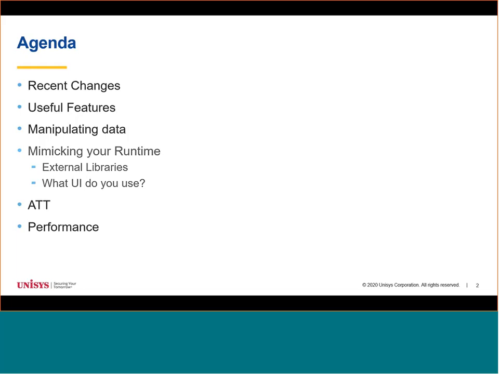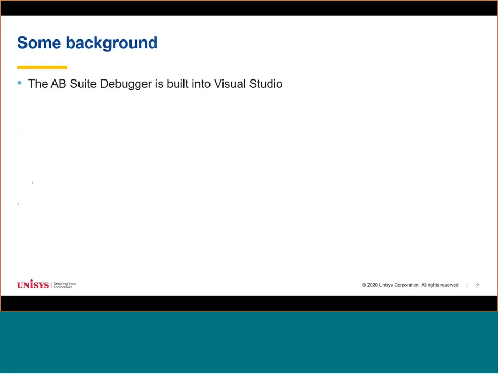Before we start all of that, let's do a little bit of background about what Debugger is inside AB Suite. As I've said in the first bullet point, it's built into Visual Studio. Unlike using Debugger with EAE, where it was a separate toolset, it's built into the Visual Studio environment where you do development.